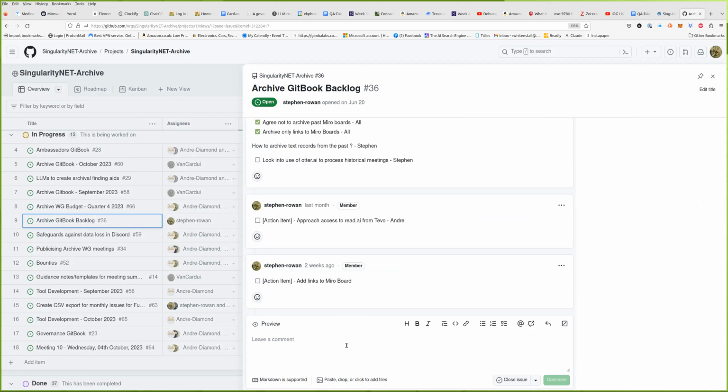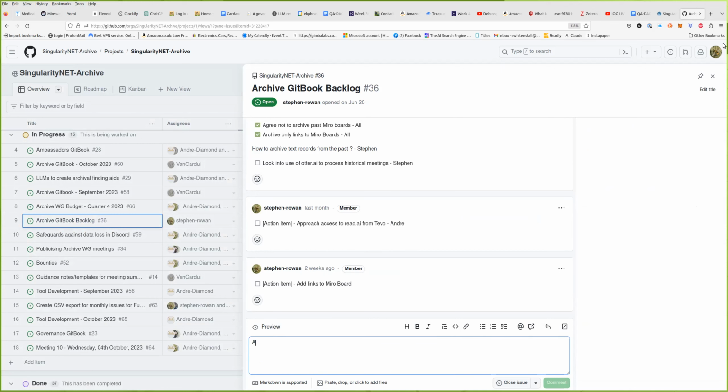My thoughts are to audit what previous meetings have taken place at all, and then create a record of those in the Gitbook.